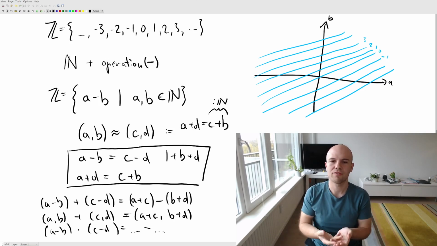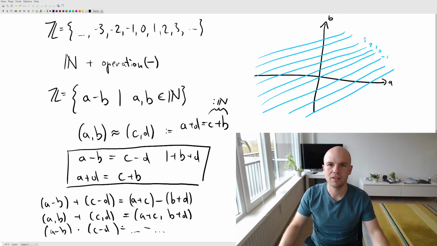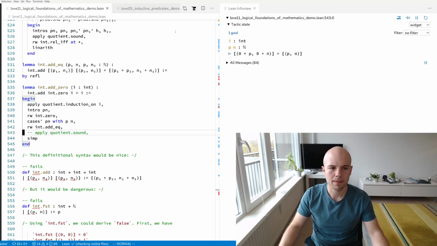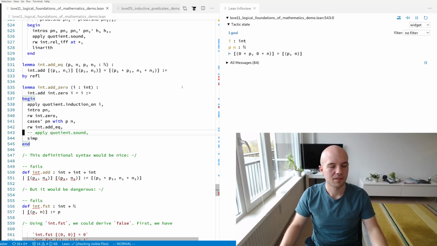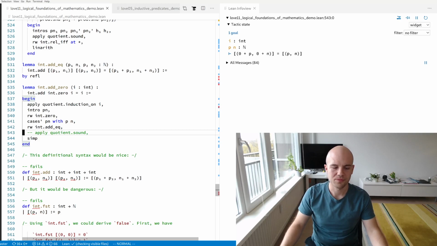And then you can also lift all the other properties that you want: multiplication is commutative, multiplying something by 1 returns the integer itself, and so forth. Okay, so this is one way to define the integers.